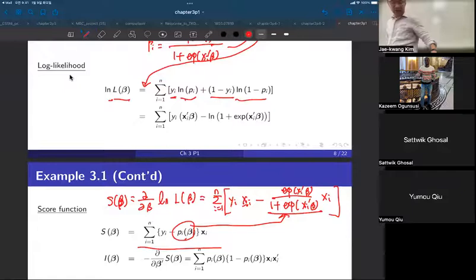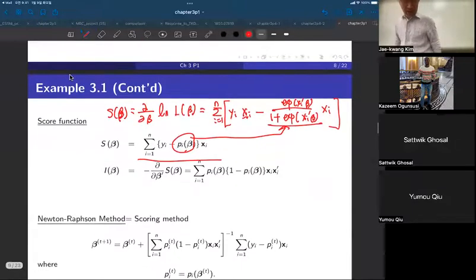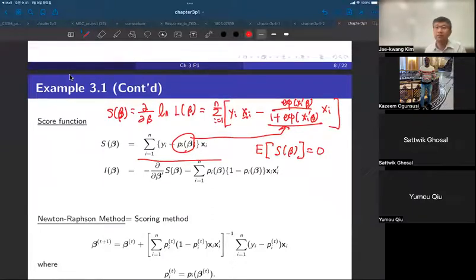Now you can check whether this score function has a zero expectation under the model assumption, right? Which is true because the expectation of y_i is pi_i. So that should be true. That's good. Now what is the partial derivative of the score function?